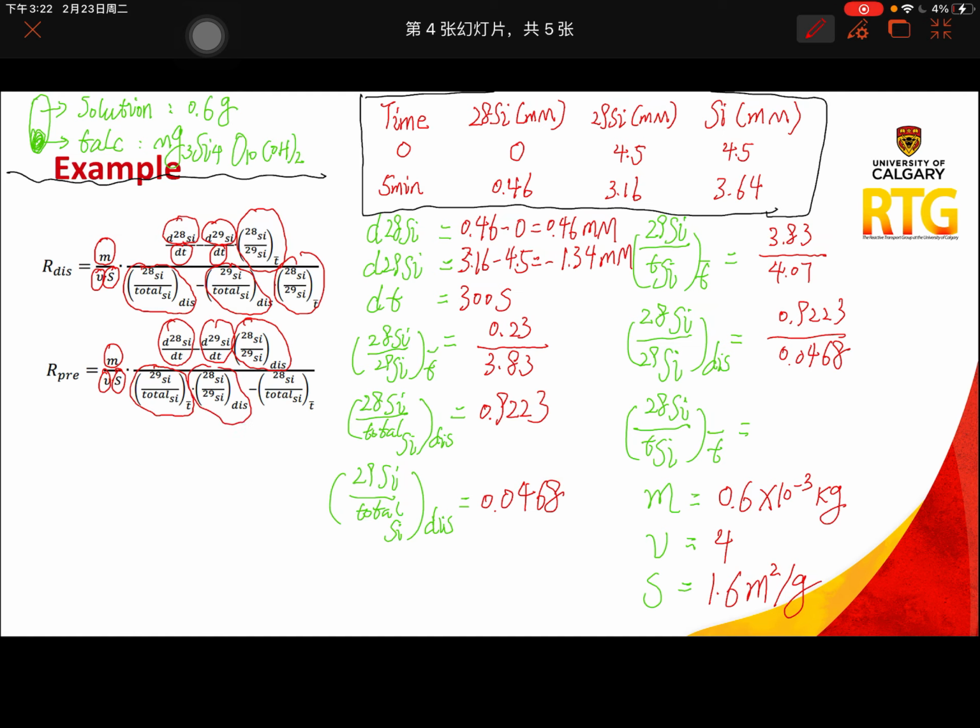We already got this. And the fraction of 28 in the solution at the middle term is 0.23 over 4.07. Then we got all the parameters.